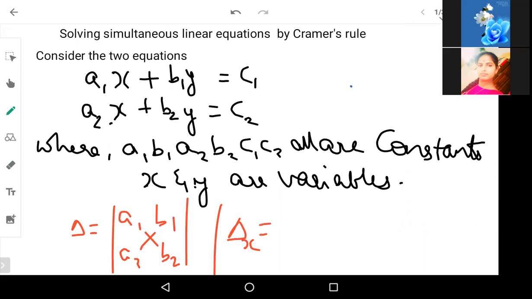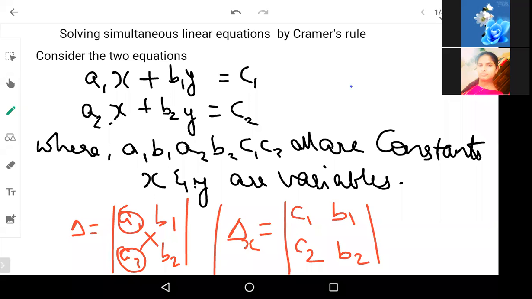In delta x, in the place of a1 and a2 in the determinant, I will replace them with the constants c1 and c2. On the other side you will have b1 and b2. So c1 and c2, b1 and b2, this will be the delta x.